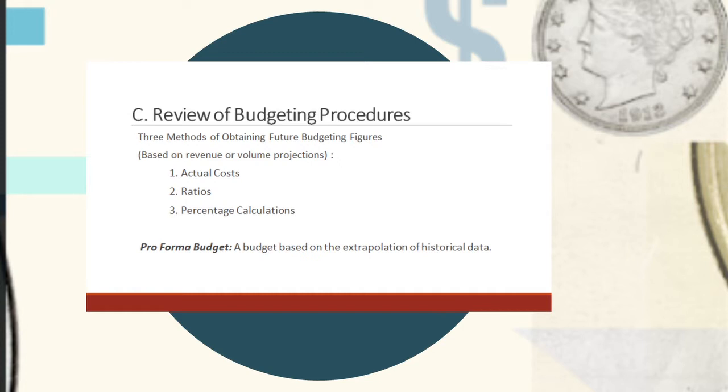This is the total expense divided by the total income. And the percentage calculations, allocating parts of your income to your operational expenses for the coming months. And a pro forma budget is a budget based on the extrapolation of historical data. This calculation projects the income and outflow for the incoming months.